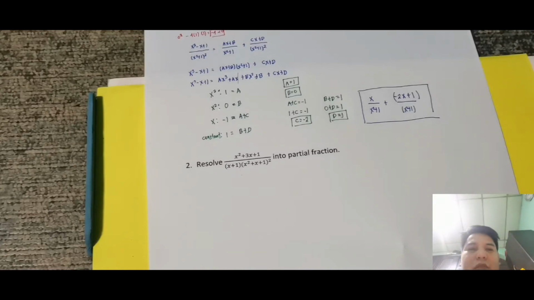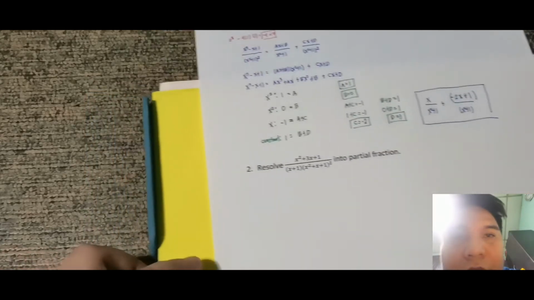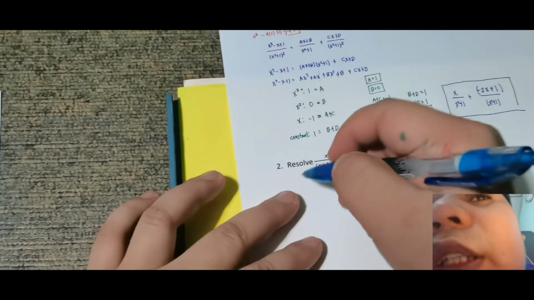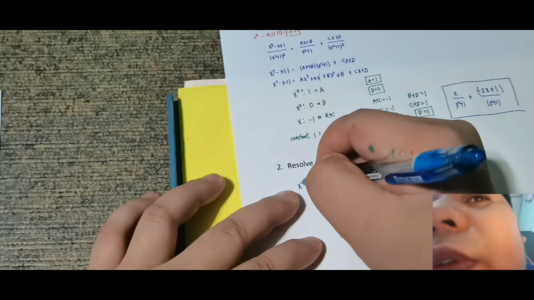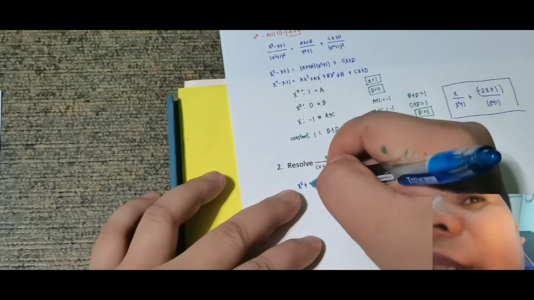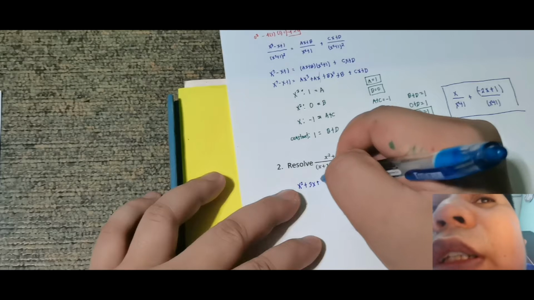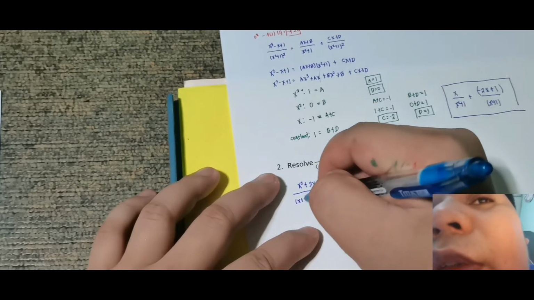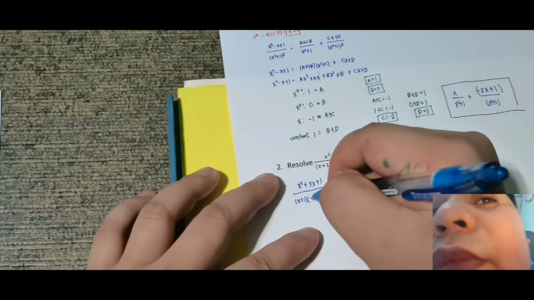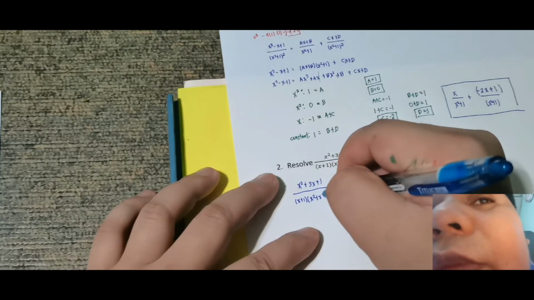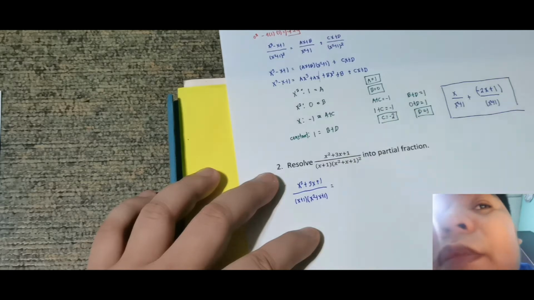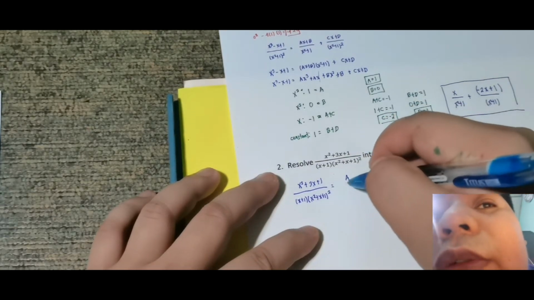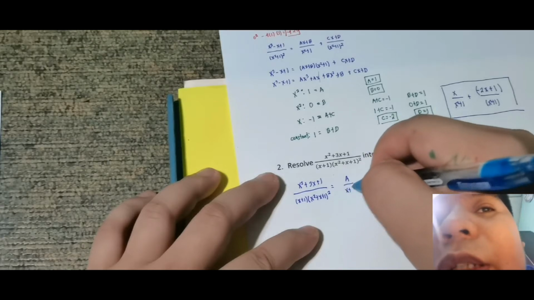Okay, so let's proceed to our solution. Let me rewrite that. That is x squared plus 3x plus 1, hoping I don't make a mistake. Then, this is x plus 1 times x squared plus x plus 1, raised to 2. Since x plus 1 is linear, this is a over x plus 1.